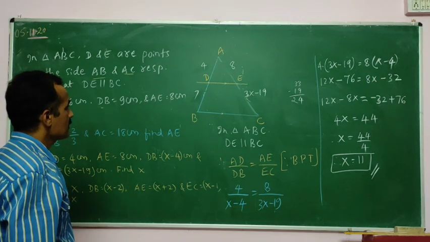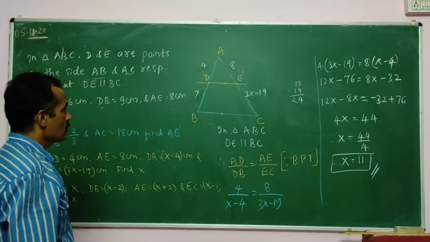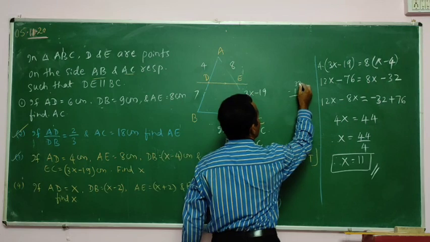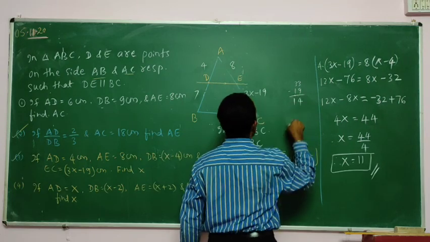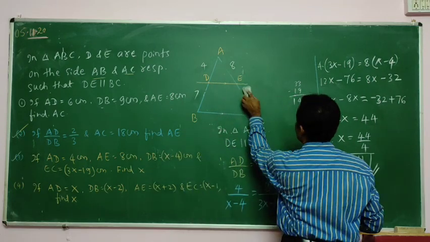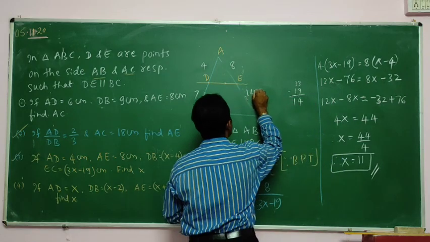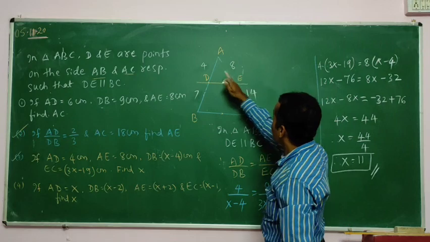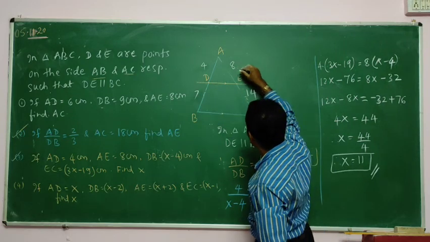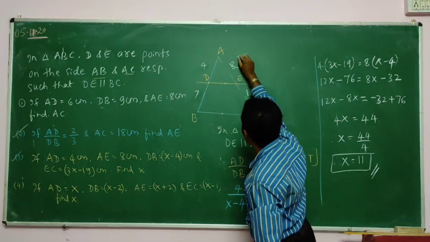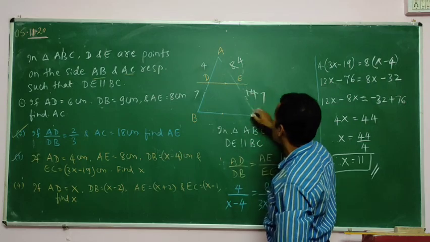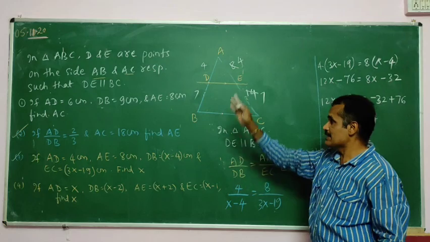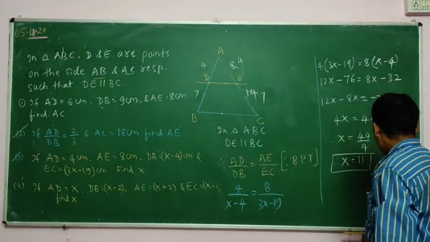Sorry, 33 minus 19 gives you 14. This answer is 14. Now you see, 4 by 14, when you divide these two, 2 2s are 4, 2 7s are 14. The answer is 2 by 7, and the ratio remains the same. This is how you can verify your answer.